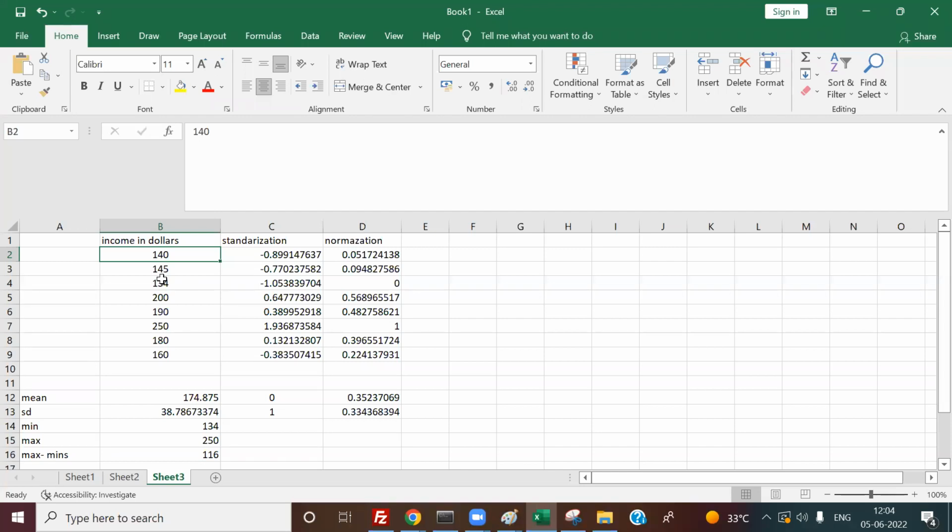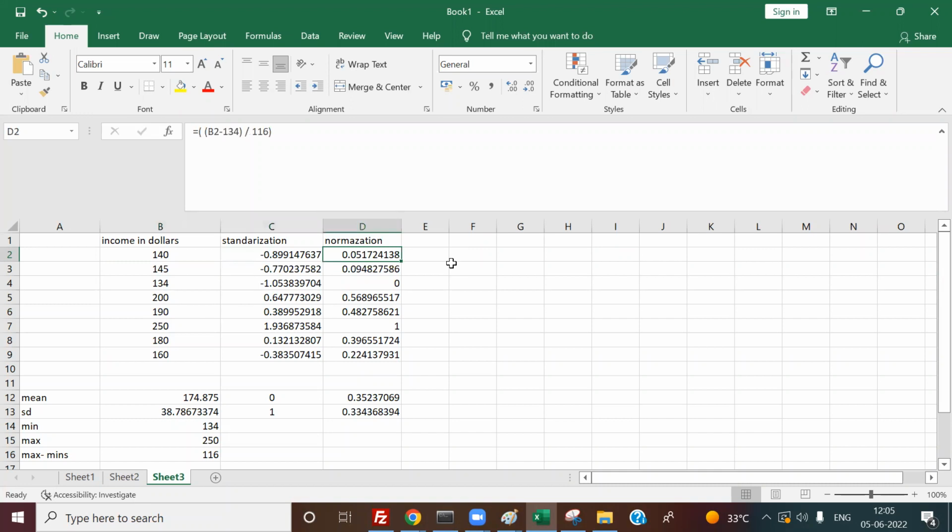Yes. Person can earn 145 also, 250 also. But person can't earn minus 0.899. क्या ये earning हो सकती है? नहीं, right? ठीक है. So let's say when you say a person is earning $140, now this 140 is represented as 0.51 after normalization.